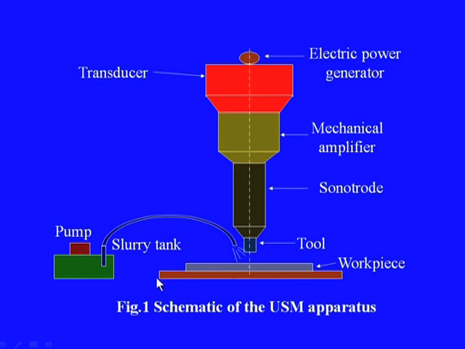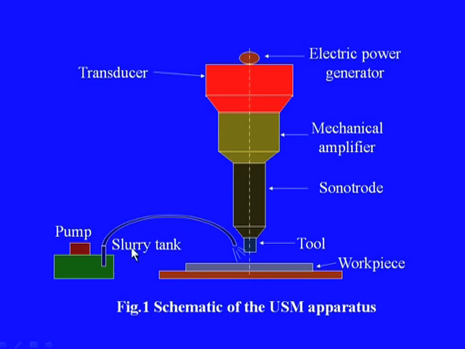This work table will generally be an integral part of the entire machine setup, and in some cases this work table can be made computer numerical control as well, so that we can have better control on the movement of this workpiece.